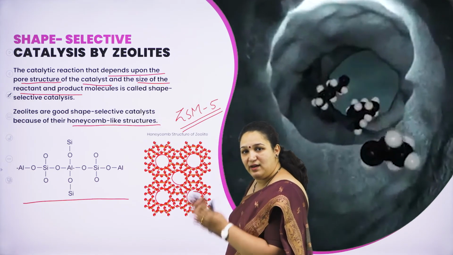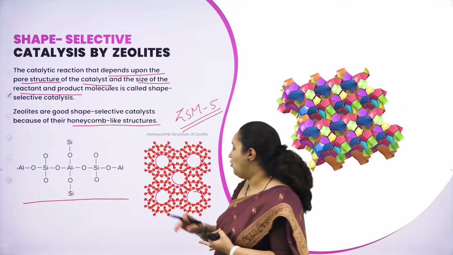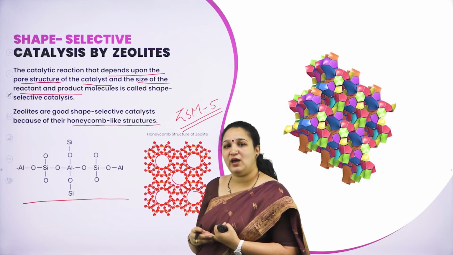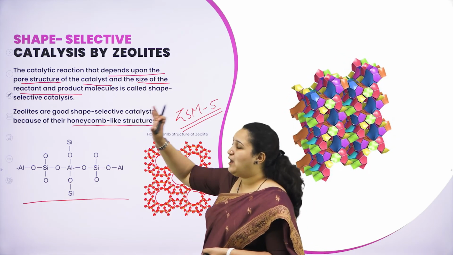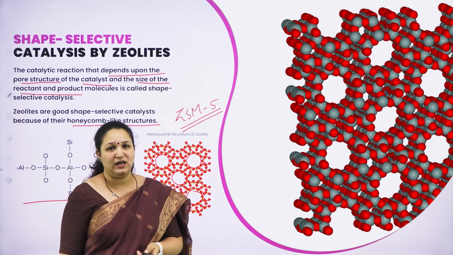So the entire reaction depends on the size and shape of the pores and cavities of zeolites and the size and shape of the reactants and the products. That's why we call it shape selective catalysis. I hope you have understood.